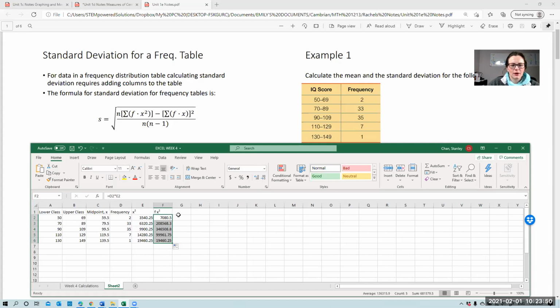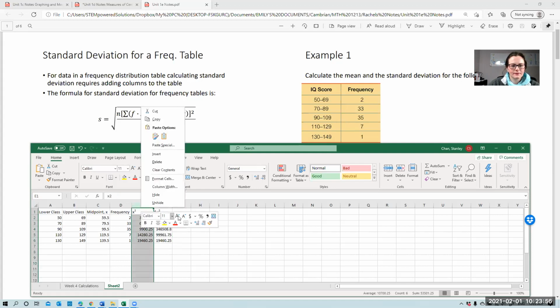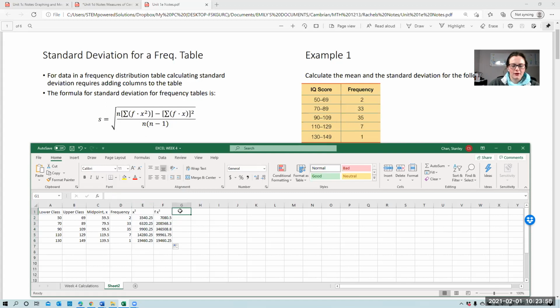Okay, there's another multiplication that I'd like to do as well, and that's this one. The f times x has to be done as well. So f times x will be equal to this column.